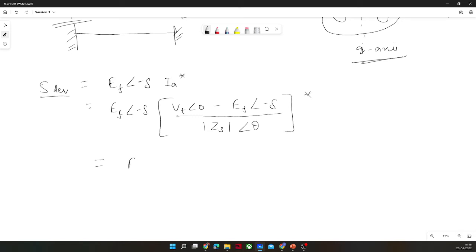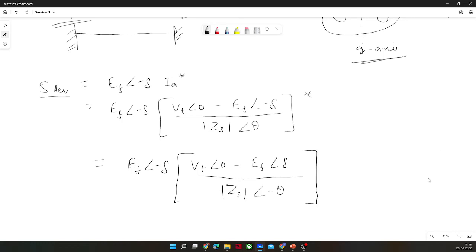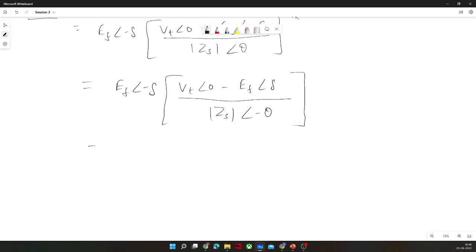So after that, EF angle minus delta, I will take the conjugate right here: VT angle 0 minus EF angle delta divided by ZS angle minus theta. I will multiply it here.